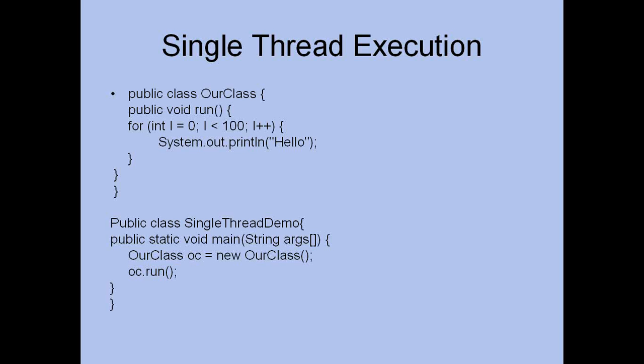So here what's happening, when this class is executed, single thread demo, there is a thread that gets started. And what is the name of the thread here? The thread name is nothing but main.